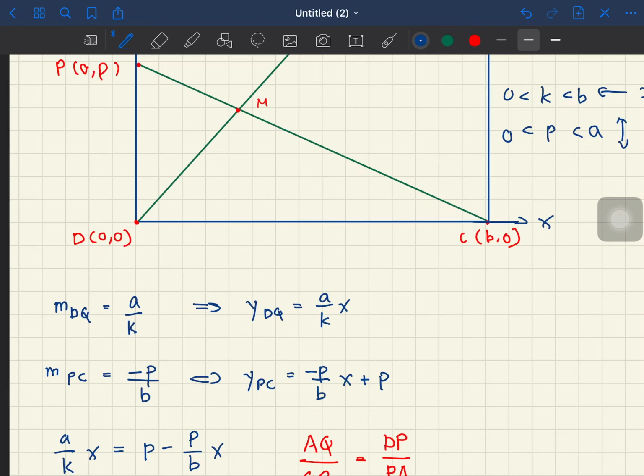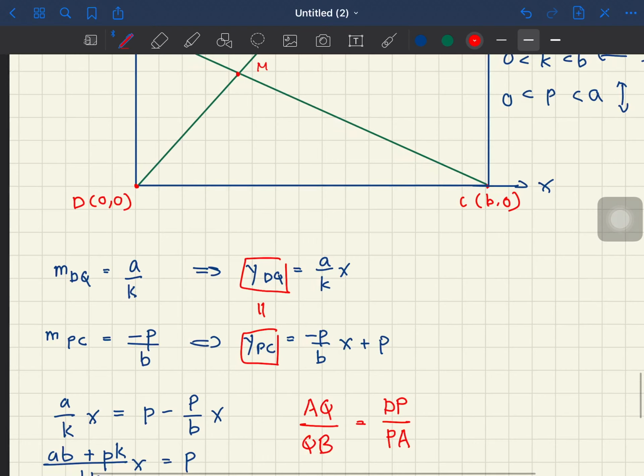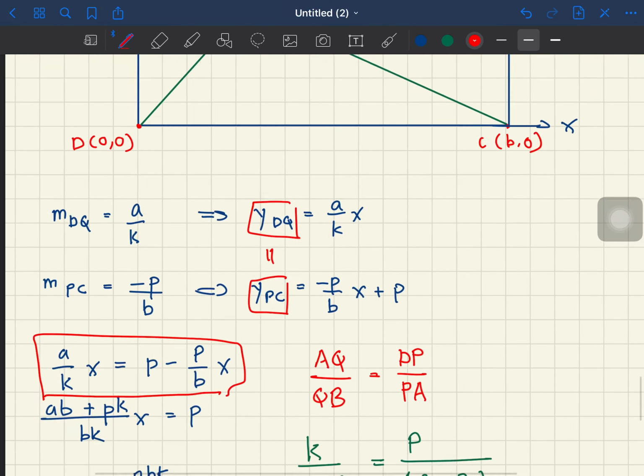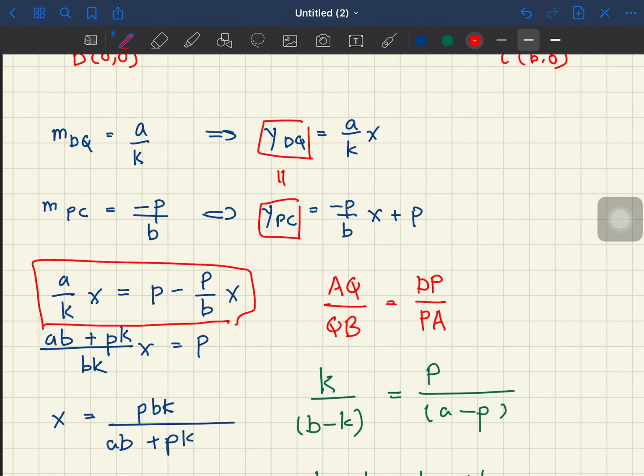Now we're going to use the fact that y of DQ equals y of PC. We equate them together so that you will get this equation as a result. Then you will get the x coordinate of M, which is pbk over (ab + pk).